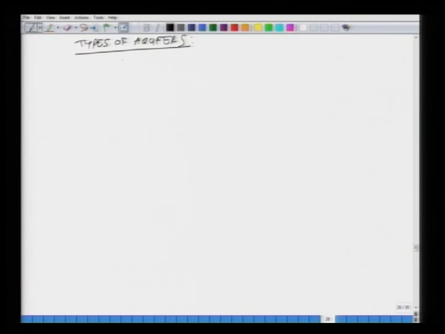We will first look at unconfined, then confined, and then what is called the leaky aquifer. So, we will look at these three types. What is an unconfined aquifer?